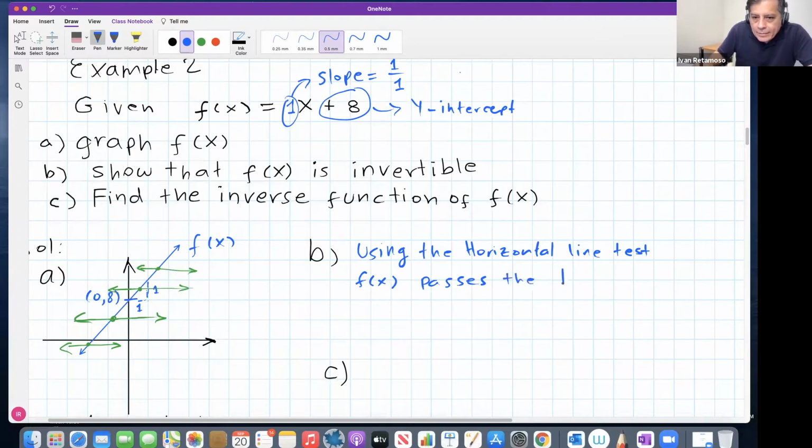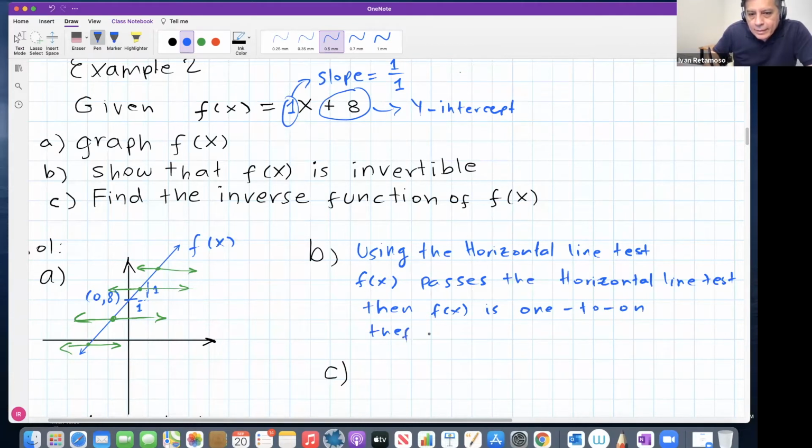If it passes the horizontal line test, then this function is invertible. Then f of x is 1 to 1. Then f of x is invertible. Very good.